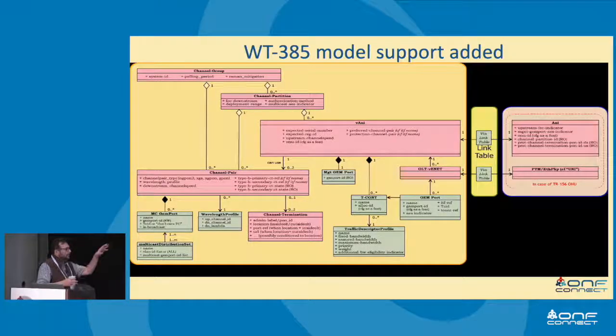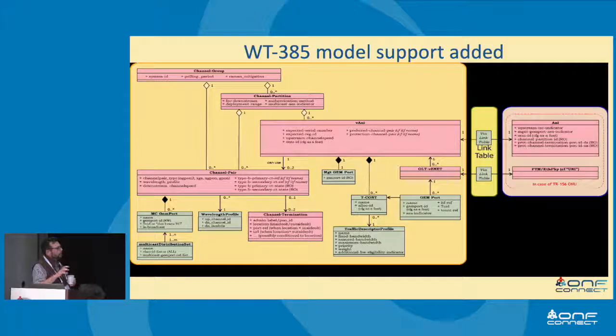You can see there's a lot of very useful information. It's kind of like a superset of PON. It deals with the NG-PON2 technologies, but GPON or XGS-PON is a subset of that, and it defines the TCONs and GEM ports, channel groups, channel pairs, channel terminations, and traffic descriptors for TCONs.